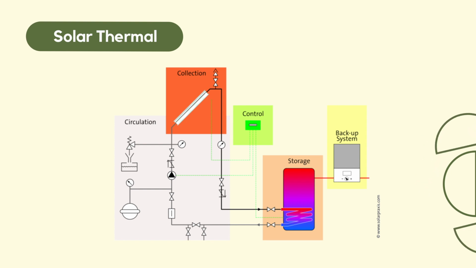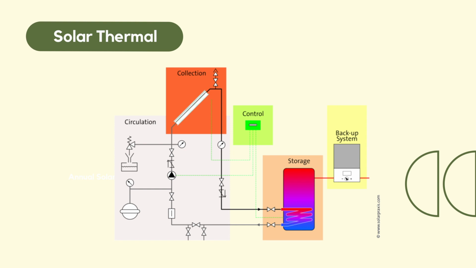It goes into a coil inside of a hot water tank, and through this coil the energy is transferred into the water that is inside the tank, and eventually, if the water is not hot enough, there is still a backup system that brings the temperature of the water to the desired conditions.